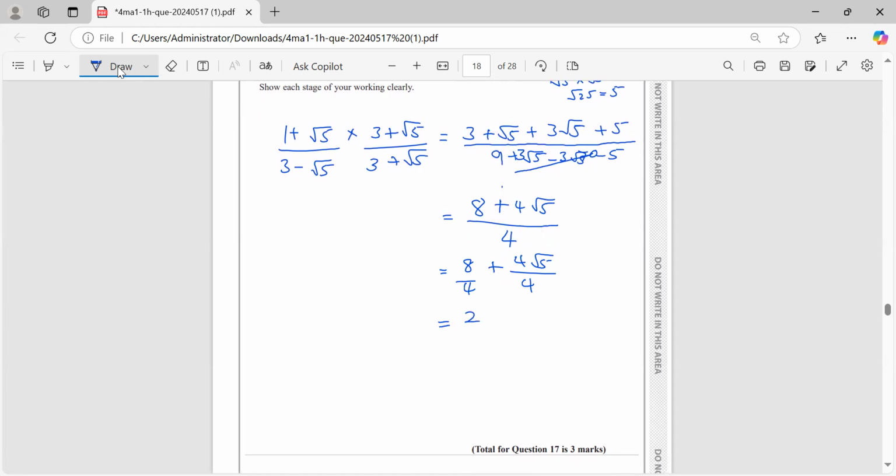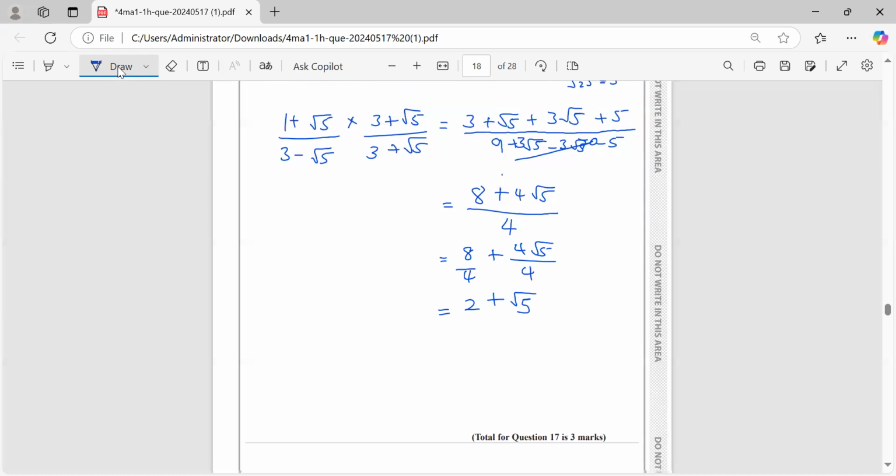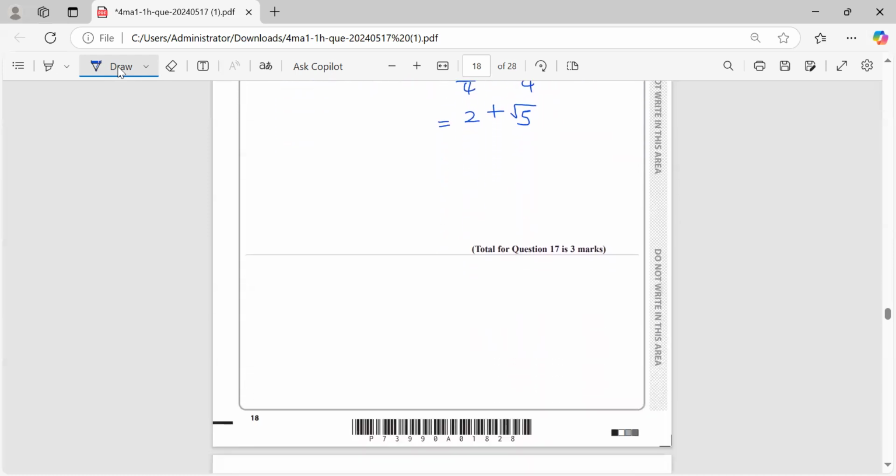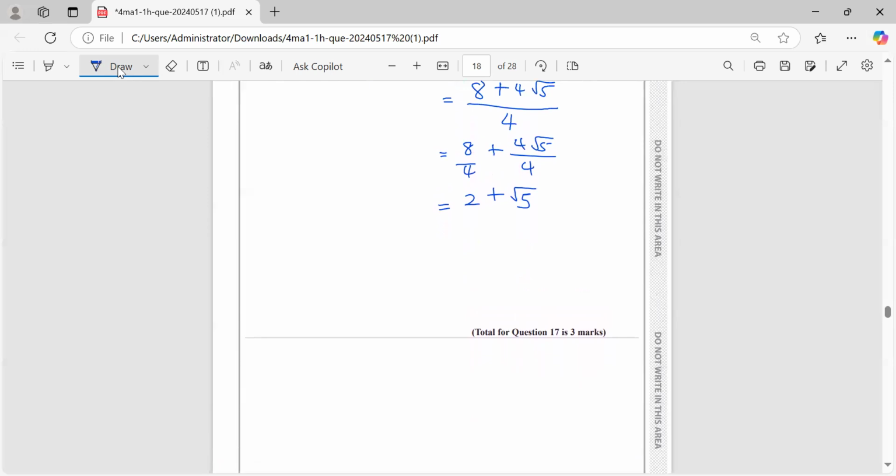Then 4 root 5 divided by 4, that's root 5. So this is your answer. Your answer is 2 plus root 5. Okay. So 2 plus root 5 is your final answer. All right.